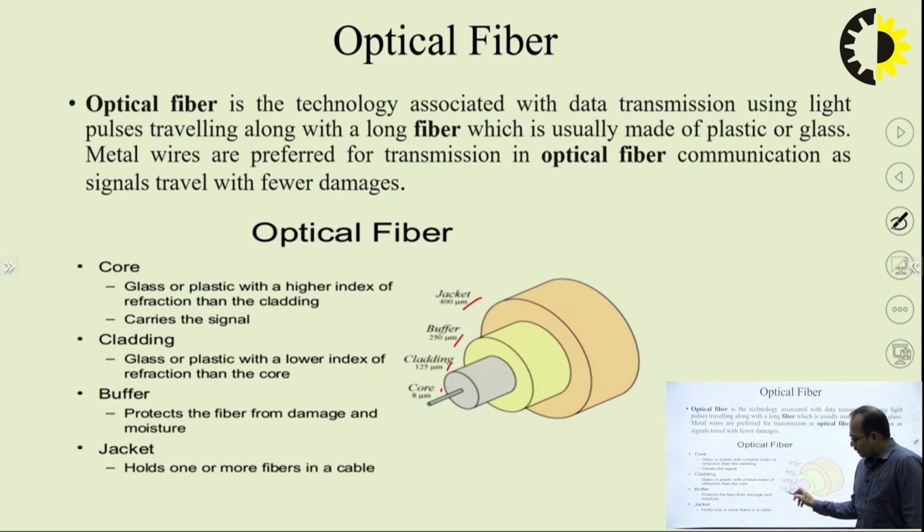The inner layer is known as the core and it is made up of glass or plastic with a higher index of refraction than the cladding. Cladding is the upper layer of the core.